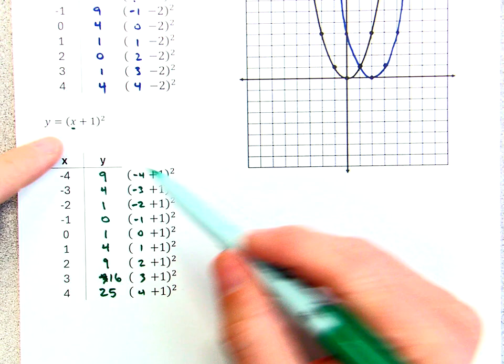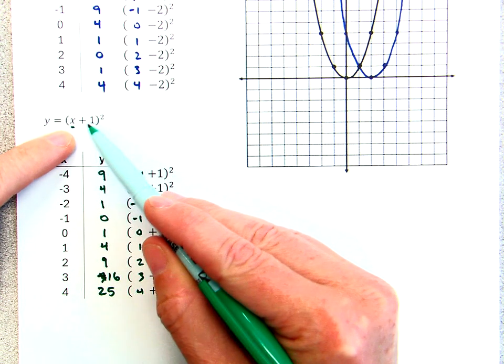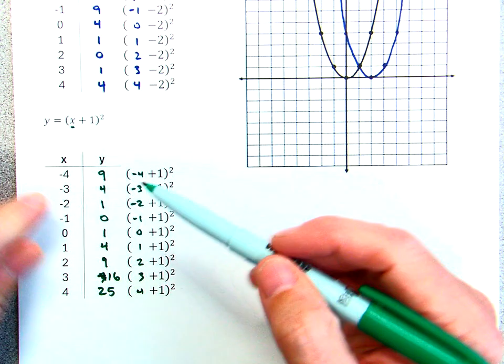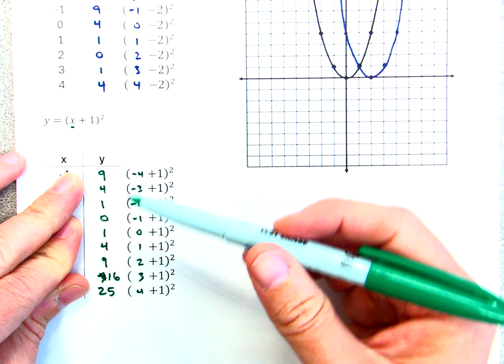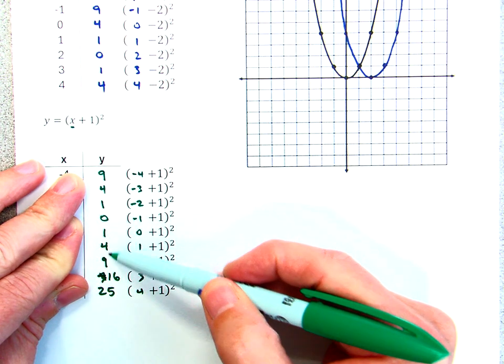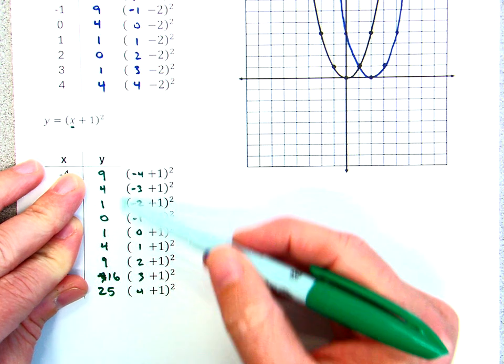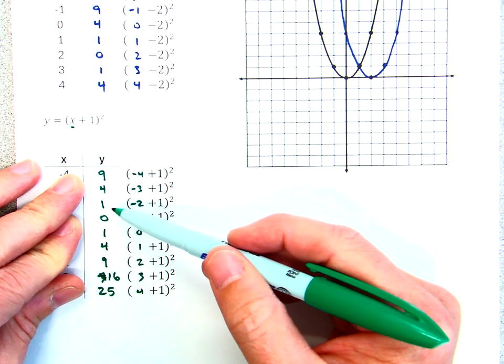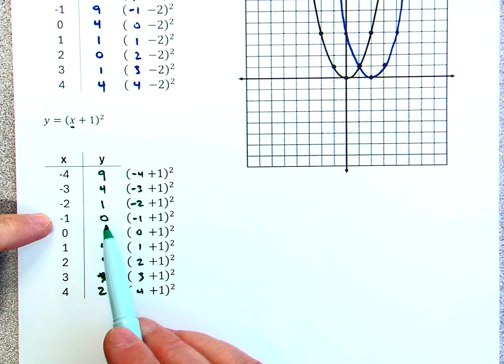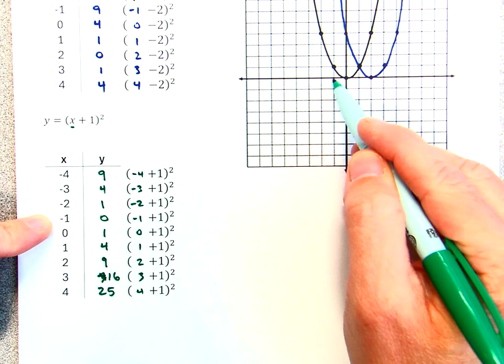So again, when we take the x and add 1 to it, it's going to give us some new x, but those x's are still being squared. So again, we're still going to get 0 squared, 1 squared, 2 squared, 3 squared, 4 squared. So the outputs are going to be the same. So it's not going to change the shape of the graph, right? At -1 is where that 0 value is.